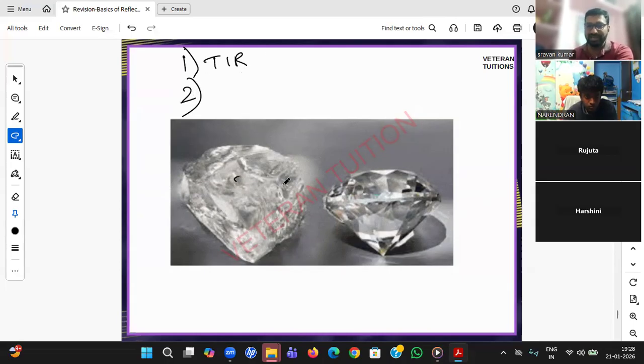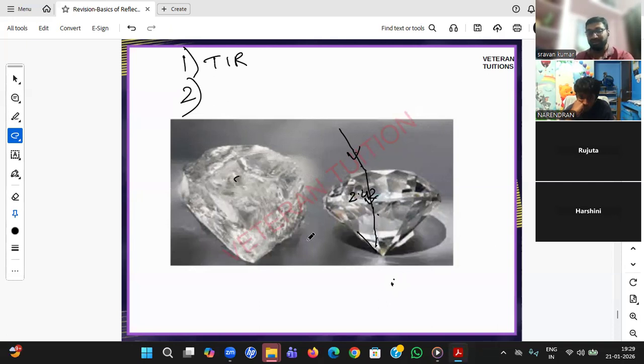You see, it's a cut diamond. 2.42 is the refractive index. Whenever light travels from air to diamond, rarer to denser, total internal reflection will not happen. Light will only bend. But when light wants to escape from denser to rarer, total internal reflection, first condition is accepted.